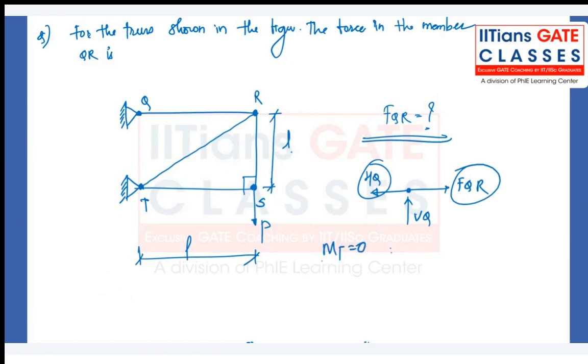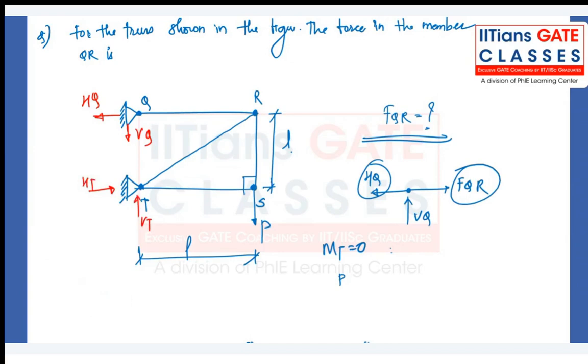We have horizontal reaction HQ, VQ, VT, HT, whatever direction, but we do have these kinds of loads, right?